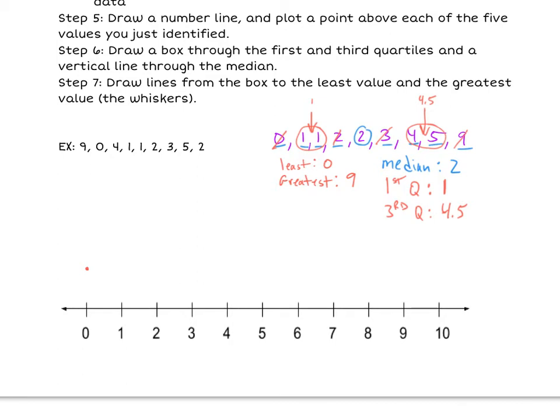My biggest number is 9, so I'm going to put another little dot here, a bigger dot because it's the biggest number. Then my median, my middle number, is a 2, so I'm going to put a dot above the 2. My first quartile is 1, so we'll put a dot there. And my third quartile is 4.5, so halfway between 4 and 5.